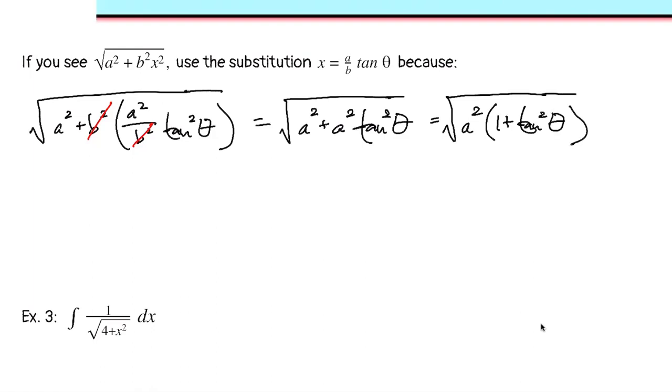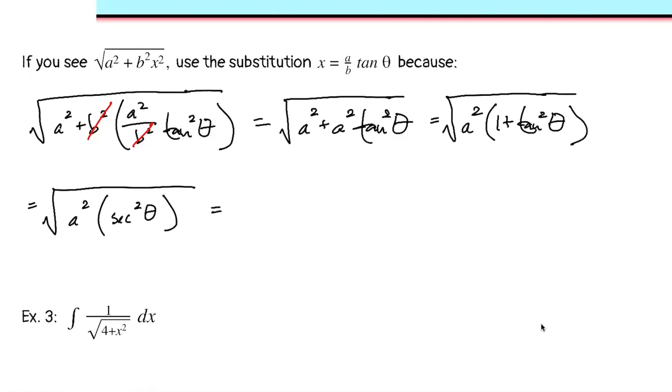And what's nice about the plus sign here is the 1 plus tangent squared is one of those Pythagorean identities we talked about yesterday. So everywhere I see a 1 plus tangent squared, I can replace that with secant squared.